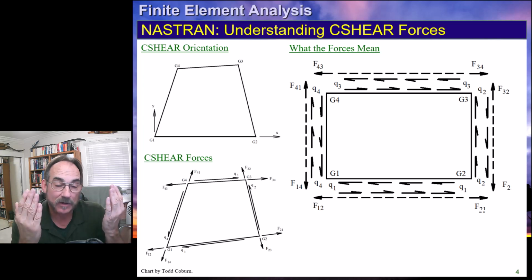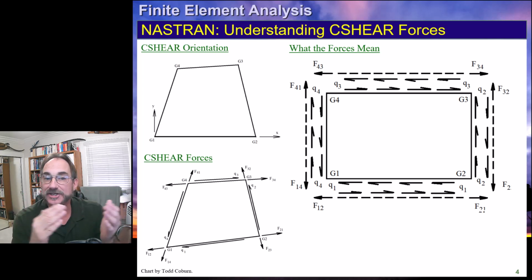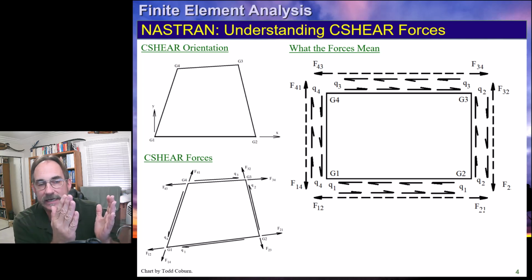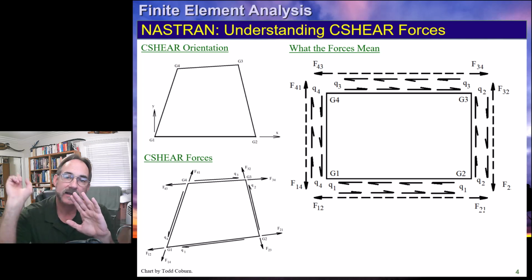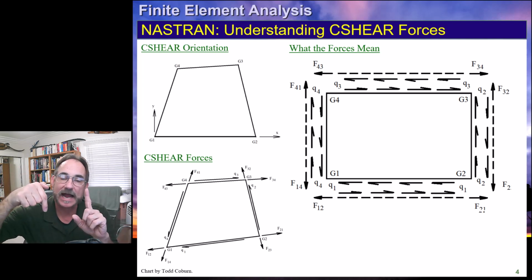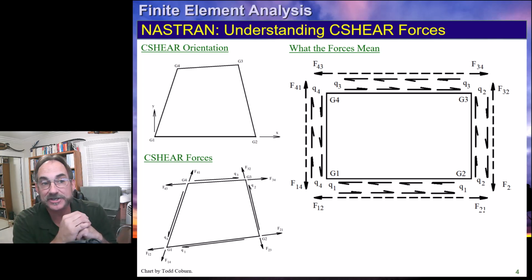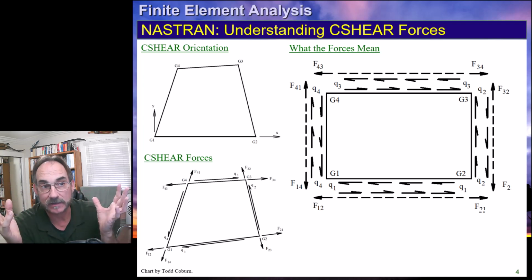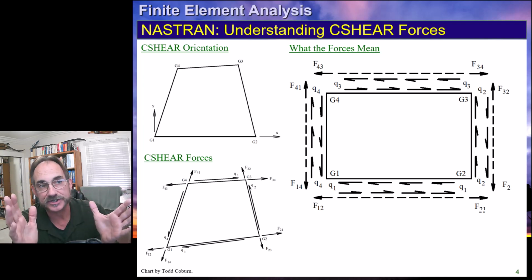Now, when you think about what we know about action-reaction pairs, you realize, well, if we look at the G23 edge, we have a shear flow acting up on the panel. And if that is the correct direction for the shear flow, we're going to get a corresponding equal and opposite shear flow acting on the adjacent rod in the other direction. And it's going to be acting on this imaginary rod that the CSHEAR element introduces.